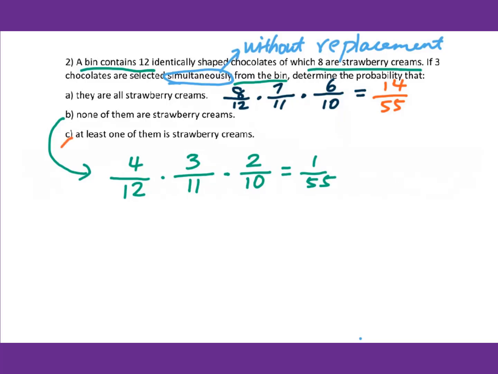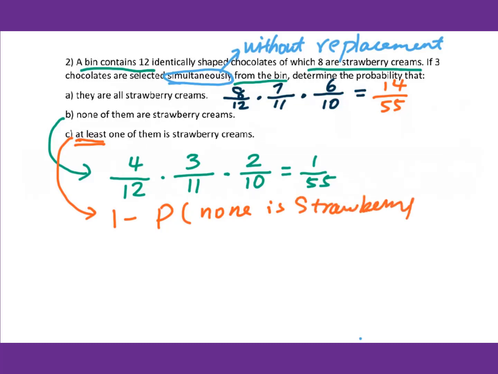Now let's go to C. At least one of them is a strawberry cream. When we're working on probability with at least, you have to do 1 minus the probability of none of them is strawberry cream.